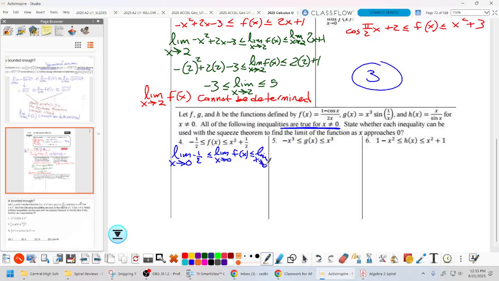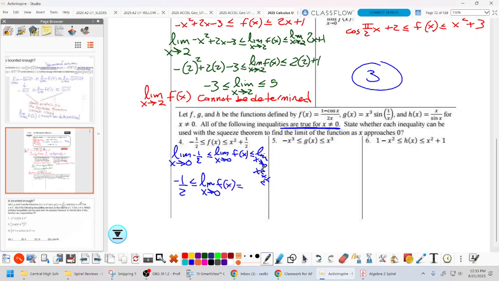I'm not going to write this out every time, but I just want to write the correct process if you had to do this on an FRQ. So the limit as x approaches 0 has to be written on each component of the compound inequality. Then we can go evaluate. So we said this is -1/2. And we have not evaluated the limit yet for f.